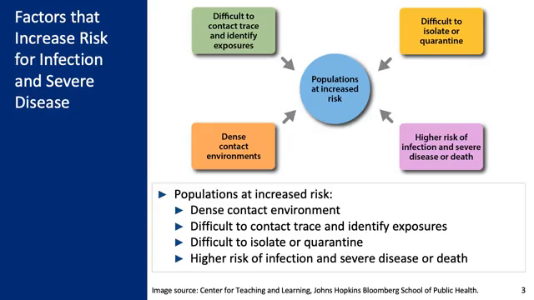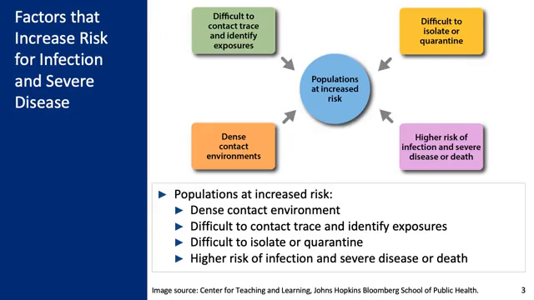There are other situations where it may be difficult to contact trace and identify exposures. We'll go through some examples of this as well, but in some cases, people may not even know who they've had contact with, so you may need an institutional approach to identify who their contacts are.